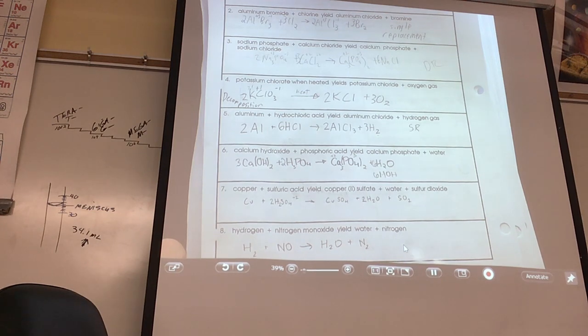Since there's 2 nitrogens, there's 2 here. There's 1 oxygen, but there's 2 on this side, so there's 2. What do you think? 4 hydrogens, 2 nitrogens, 2.